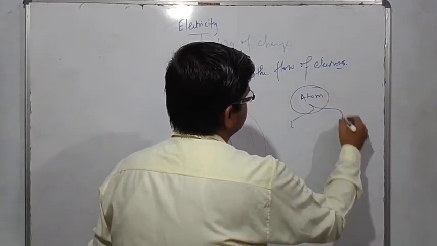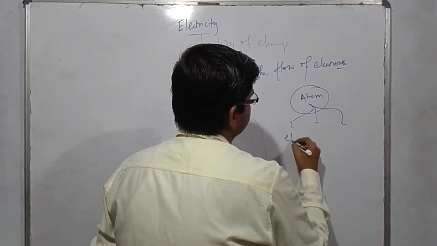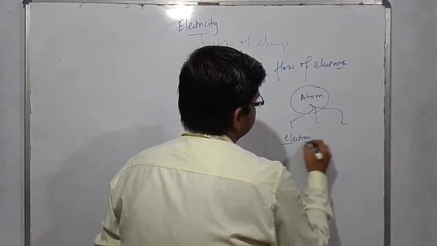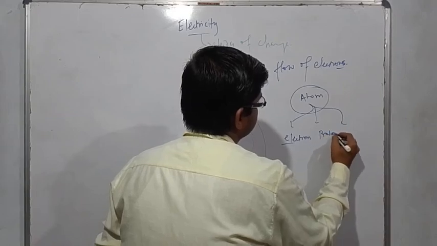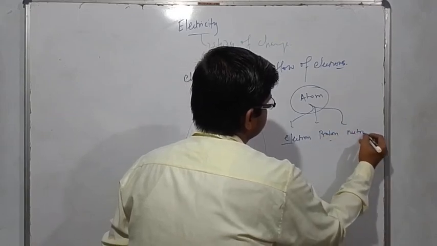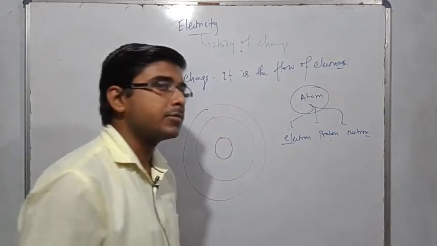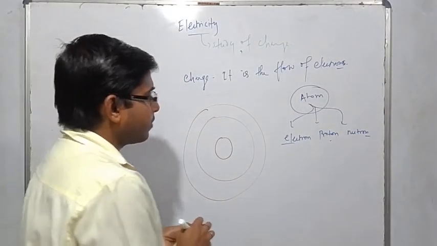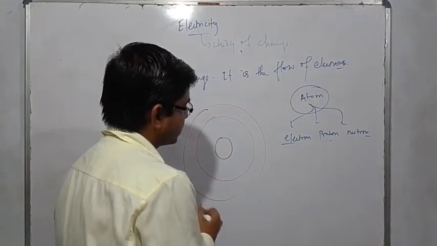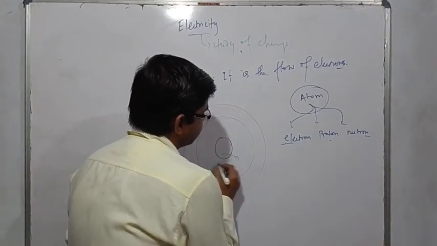An atom basically constitutes three particles. One is the electron, second is the proton, and third is the neutron, isn't it? You have already studied that in your standard 9. In the basic atomic structure, this is called the nucleus.